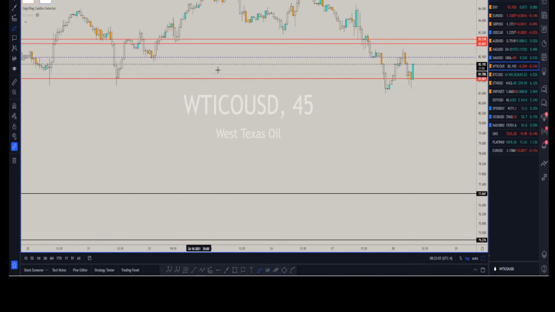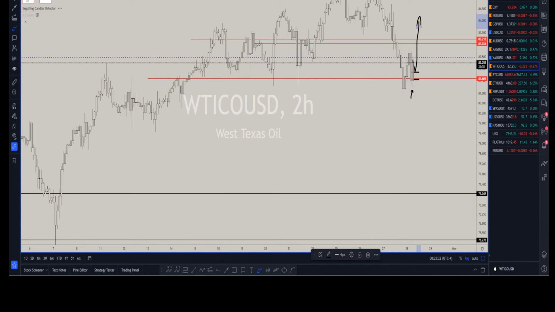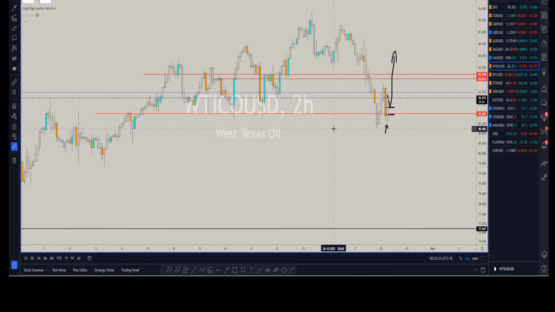$21. I would love this to respect this one, come back inside here, respect, do not come back below here, respect this. I will take a long. We'll be targeting these highs as we move on.